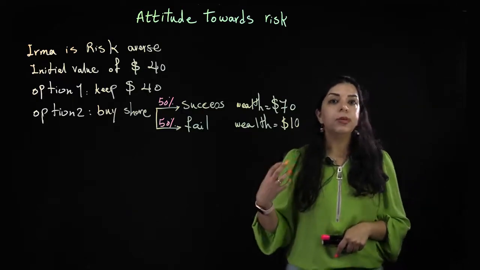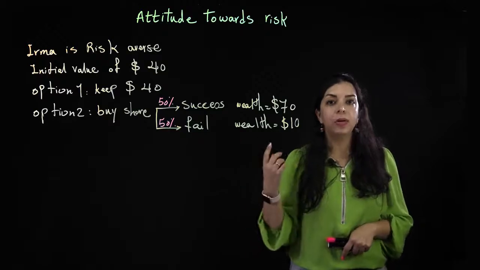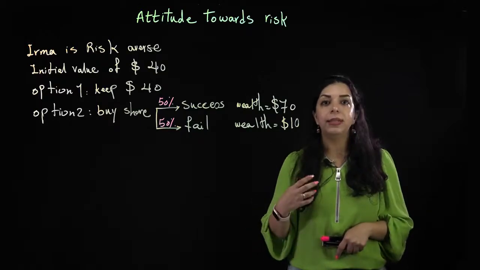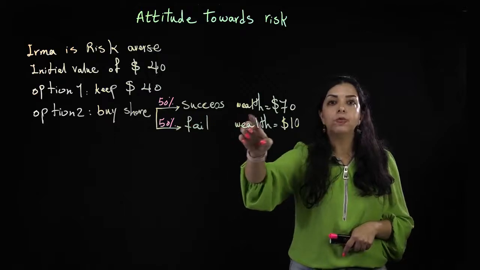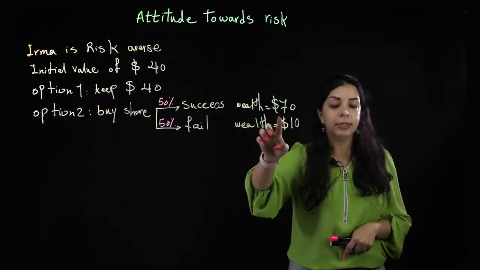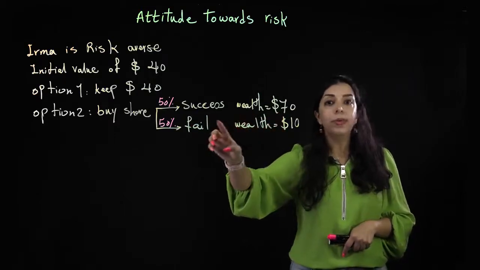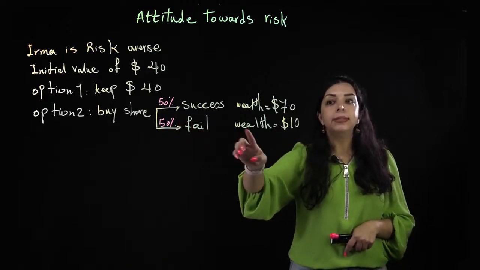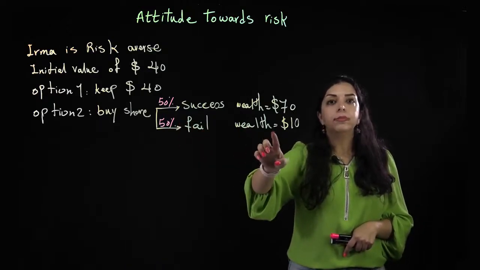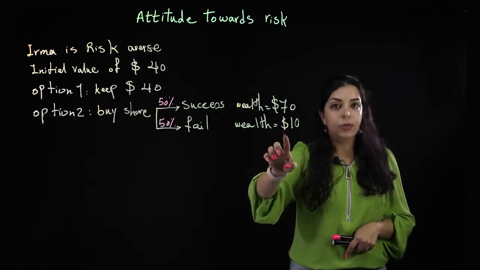It is possible that the value of the shares increases, so she gains success, and the wealth amount will increase to 70 units. Or it is possible that the share price will be reduced and the wealth amount will drop to 10 units.